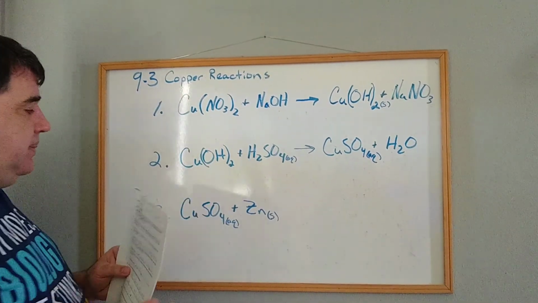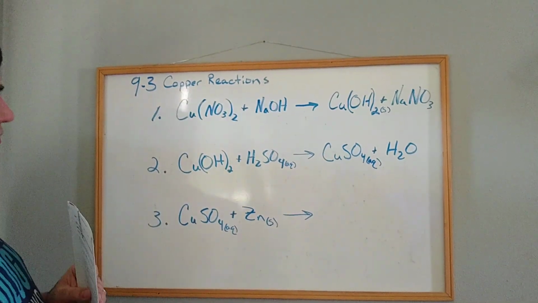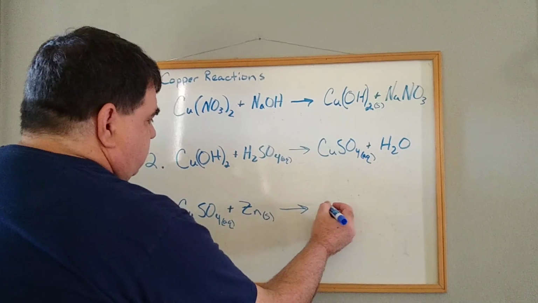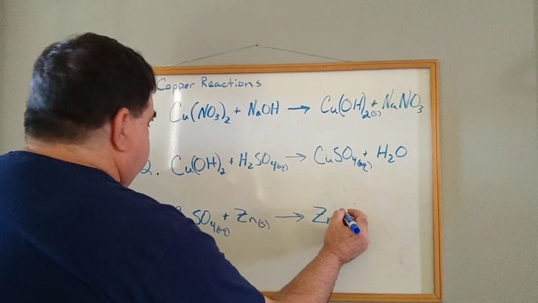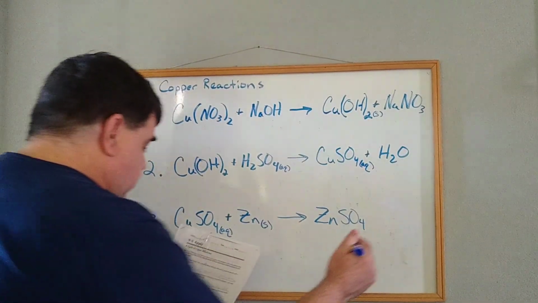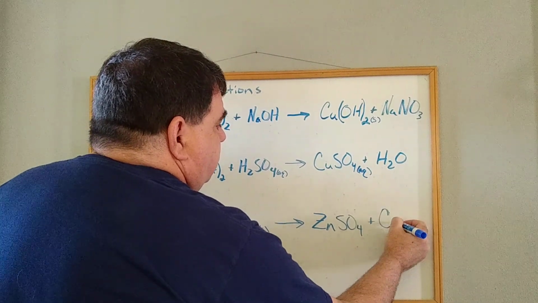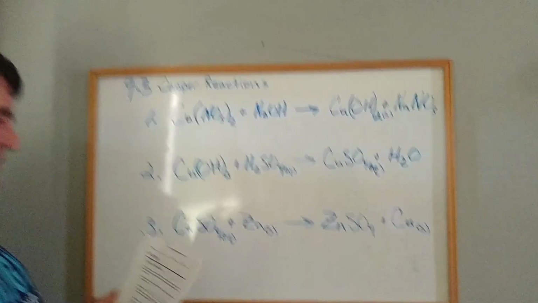This definitely looks like our equation for a single replacement reaction, and we get zinc sulfate and copper. And copper is coming out as a precipitate, so it comes out as a solid.